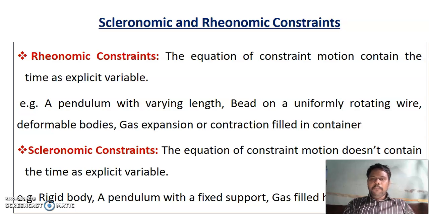Example: 1. a pendulum with a varying length. 2. Bead on a uniformly rotating wire. 3. Deformable bodies. 4. Gas expansion or contraction filled in container.